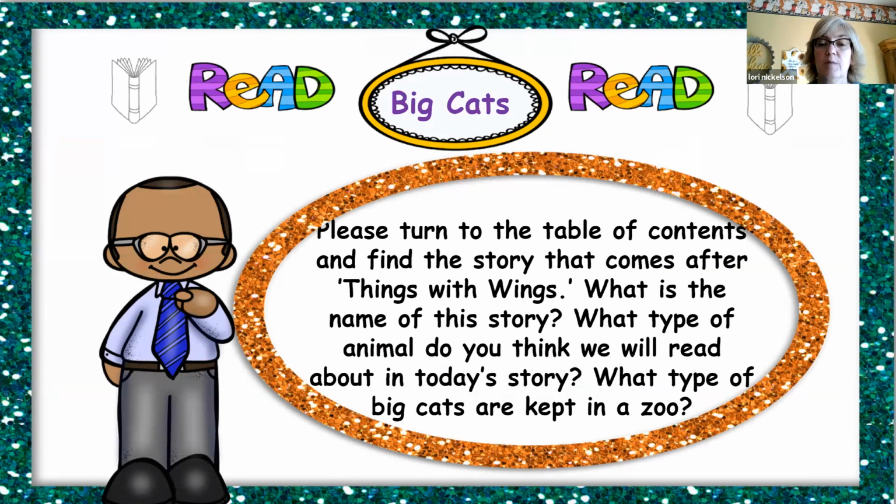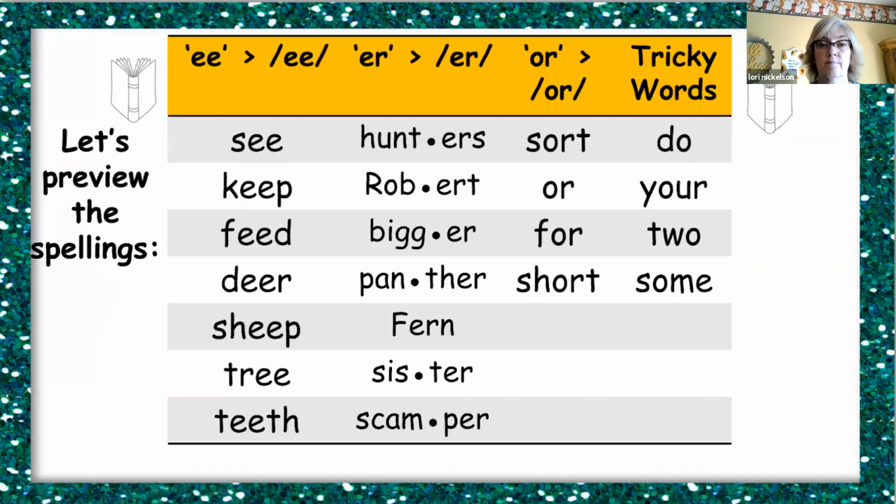Okay, so what type of big cats are kept in a zoo? Well, we see lions and we see tigers, right? Okay. Well, these are some spellings that you're going to see in this story today. The E, as in see, keep, feed, deer, sheep, tree, and teeth.